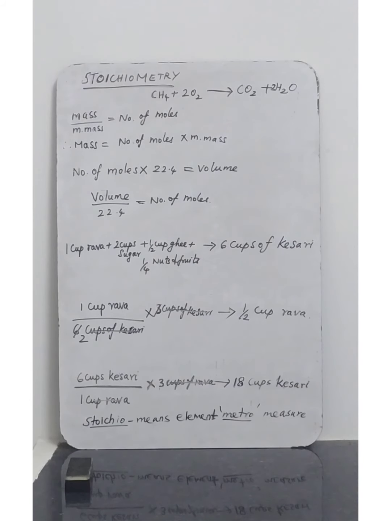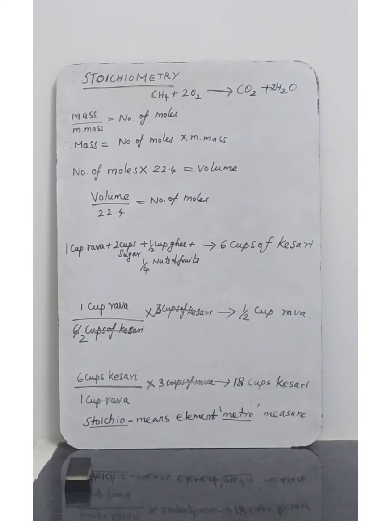You need all these ingredients to prepare kesari. They are taking 1 cup of rava. At home your mother prepares kesari for you, isn't it? If you don't know, hereafter when your mother prepares kesari, go and see how much rava and sugar she is taking and adding.